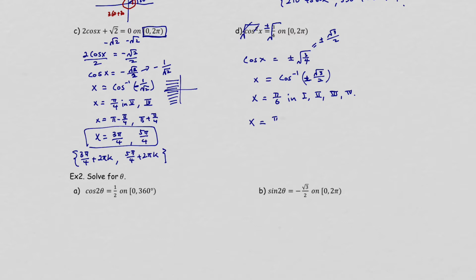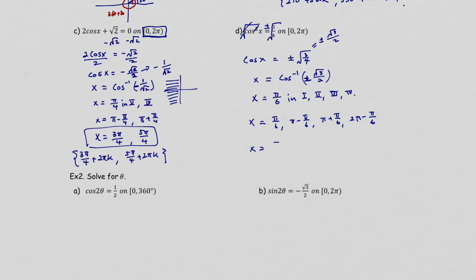First quadrant is going to be just pi over 6. Second quadrant will be pi minus pi over 6. Third quadrant, pi plus pi over 6. Fourth quadrant is 2 pi minus pi over 6.